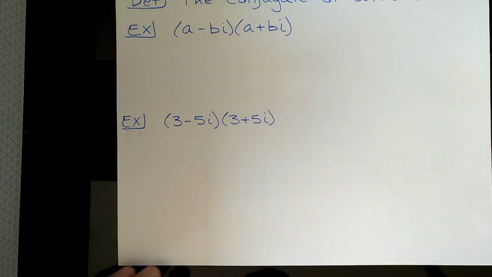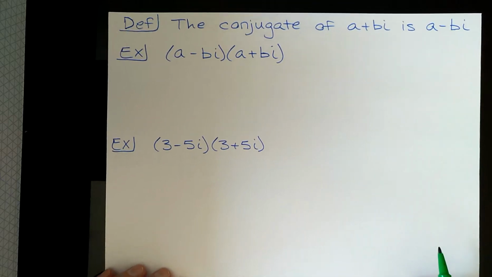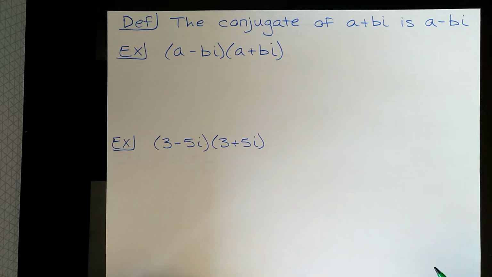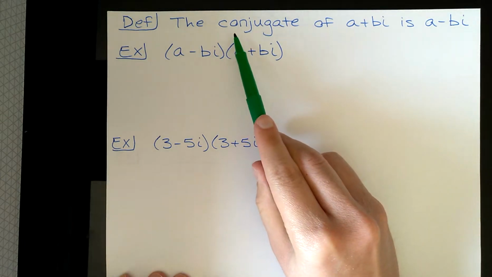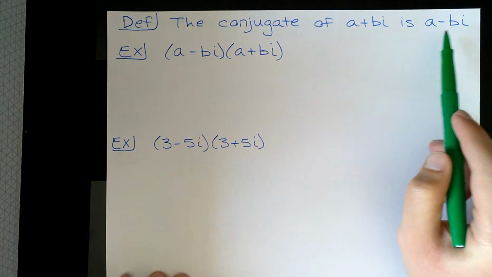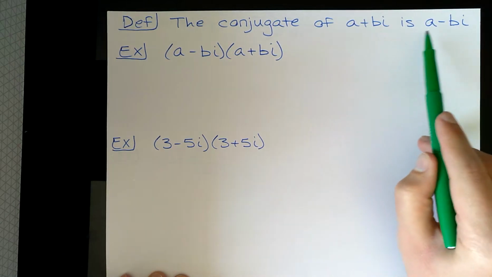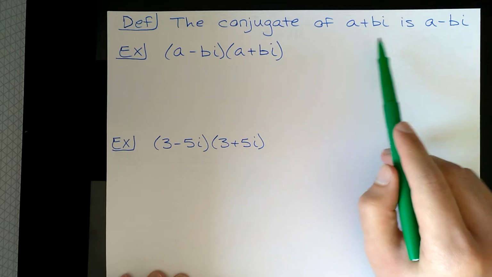All right, so we have a couple more examples with multiplying, and then we can get to division and then exponents. So from here we have a definition that says the conjugate of a plus bi is a minus bi, and vice versa. The conjugate of a minus bi is a plus bi.